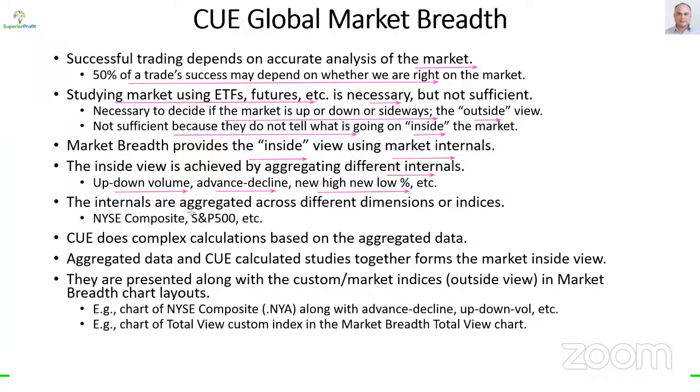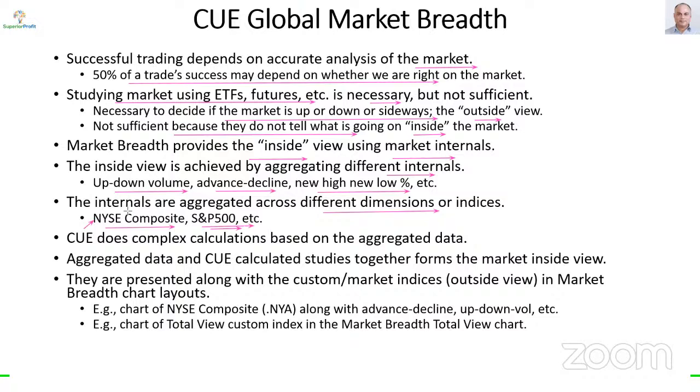The internals are aggregated across different dimensions or indices. These dimensions are basically indices or exchanges. NYSE composite could be one dimension, S&P 1500 could be another. So either the composite indices or the major indices could be used for dimensions.